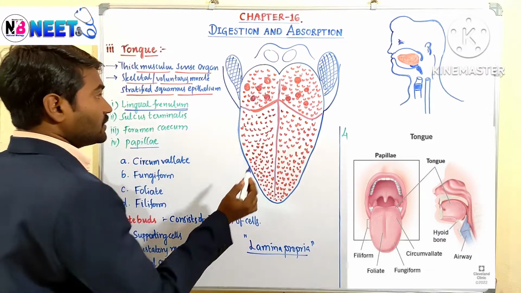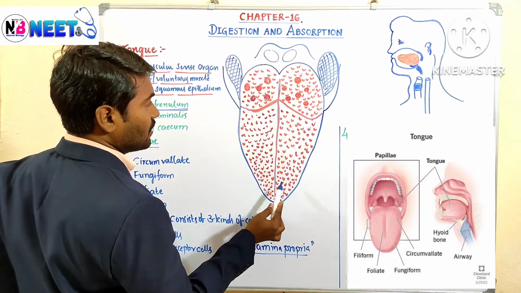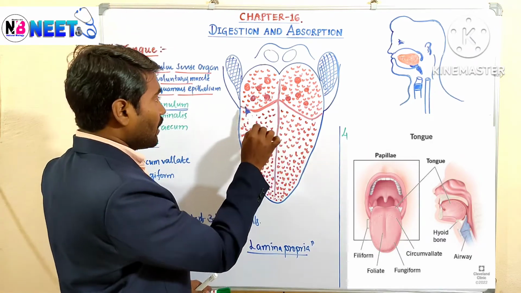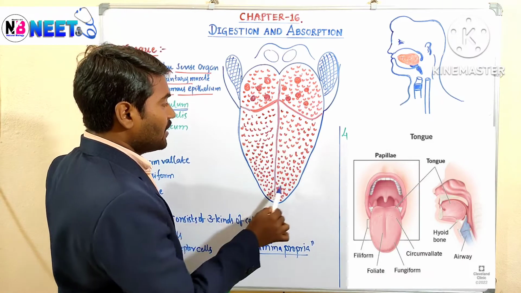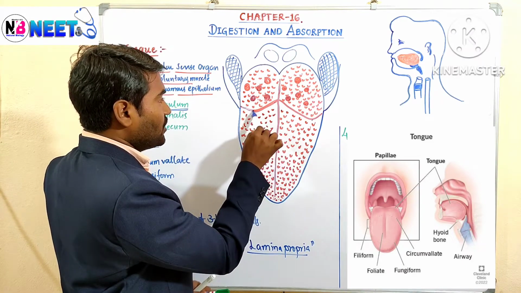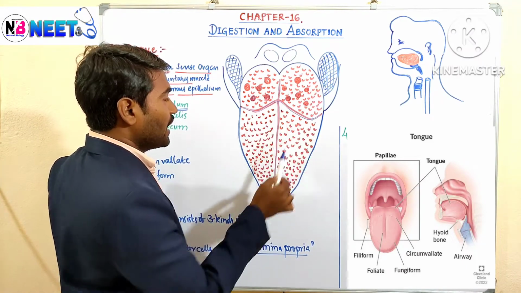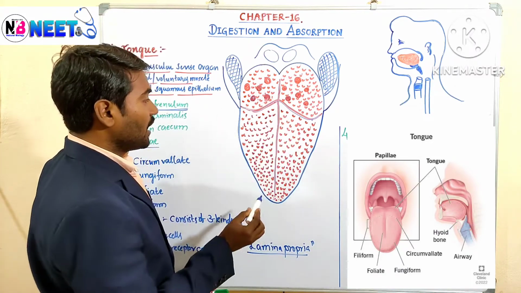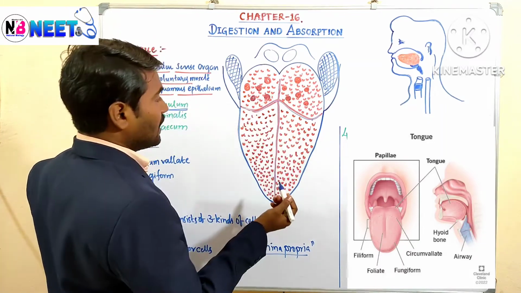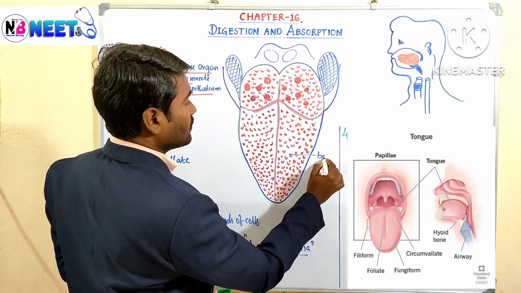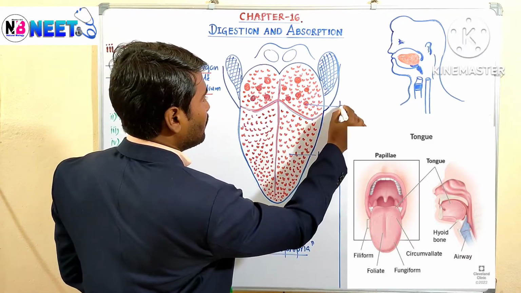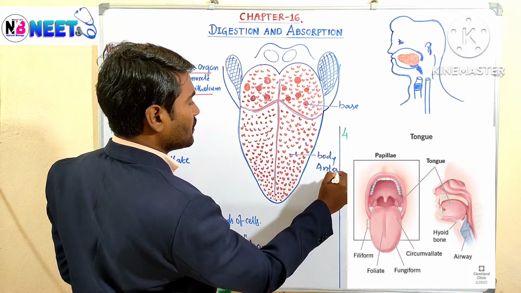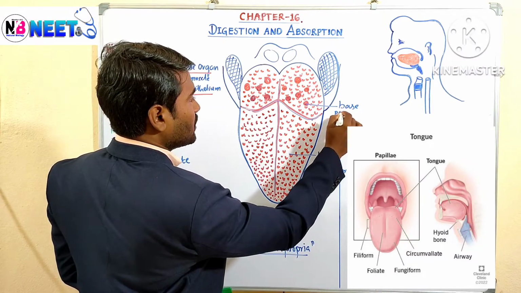If you see the structure of the tongue here, it shows two divisions, two areas: the posterior region and the anterior region. There is a V-shaped groove which divides the tongue into two areas, anterior and posterior. This is called the body, and this is called the base. The body is anterior and the base is posterior.